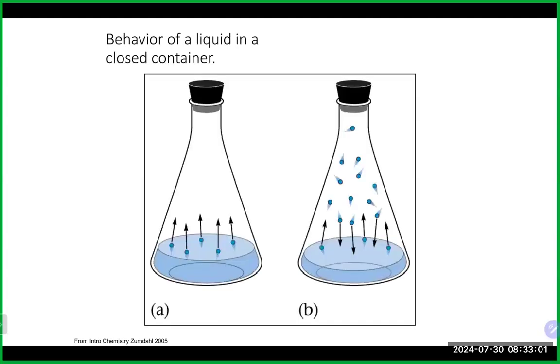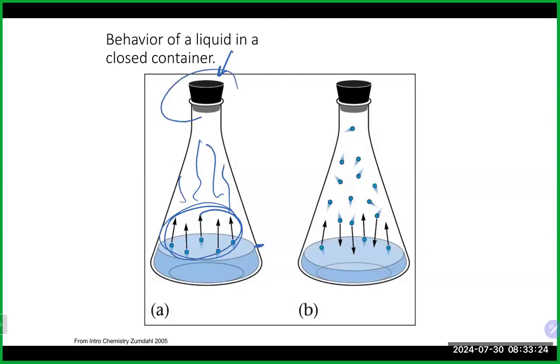And that's what we're talking about here. If we did put a stopper, for example, on this container, when we have a liquid in a closed container, at the very beginning you're pretty much going to only have evaporation occurring. In this case, as you evaporate, you are going to increase the vapor pressure over that liquid.